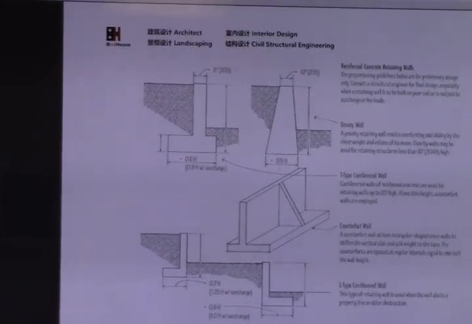So there are some different kinds of retaining wall we use. The top one is a T-section. The middle one is still a T-section, but we have the cantilever wall because it has a long way to go, for example, along a highway where we need a very long retaining wall.